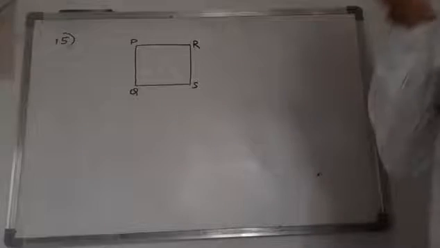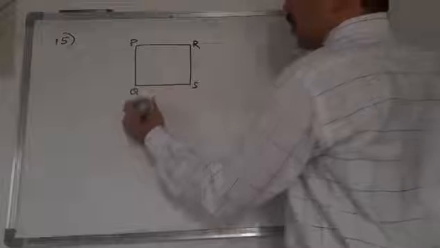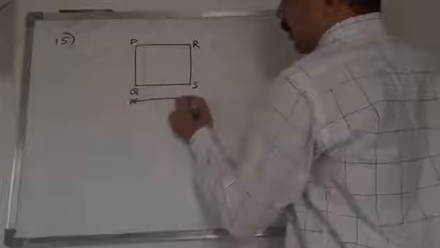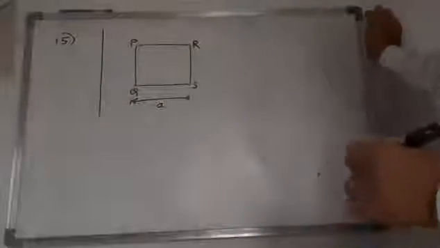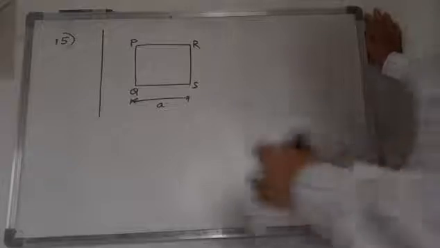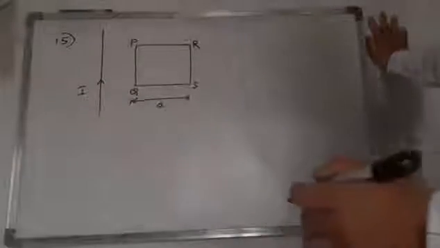It is a square, so all sides must be equal to A. All sides are equal to A, and there is a current carrying conductor at this point. Let I be the current flowing through this conductor.